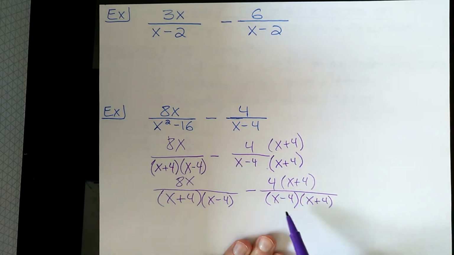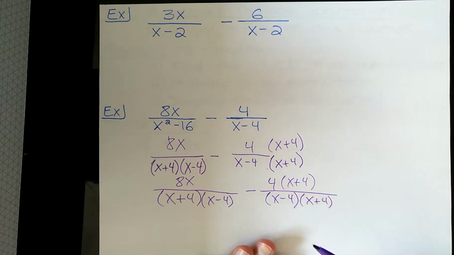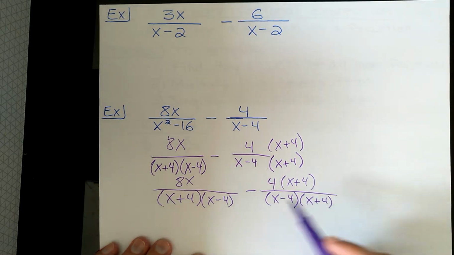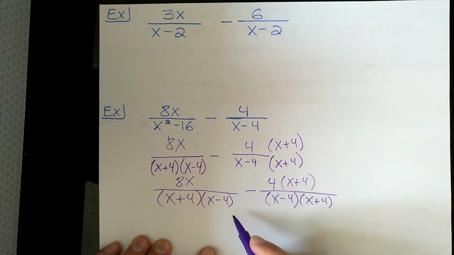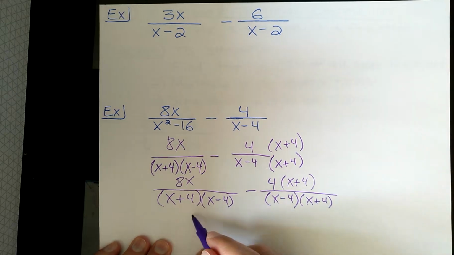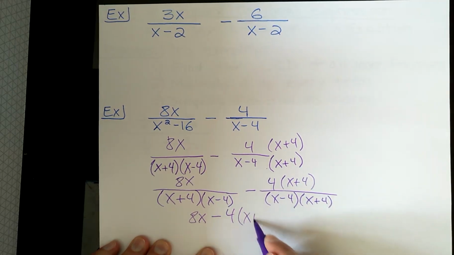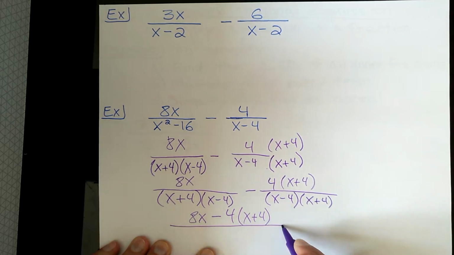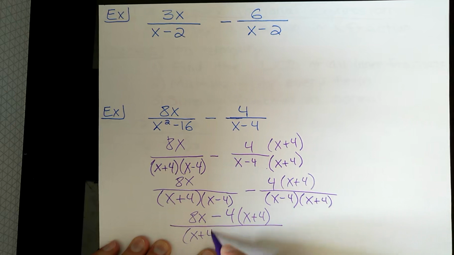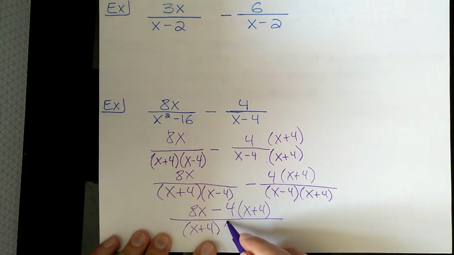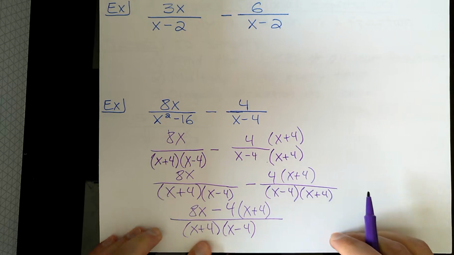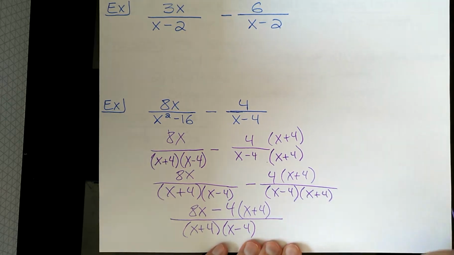And now that we have our common denominator, we can subtract, is the better way to say that. We won't be able to combine the like terms until our next step, really. So from here we have 8x, and we are going to subtract this 4 times x plus 4, all over x plus 4 times x minus 4.